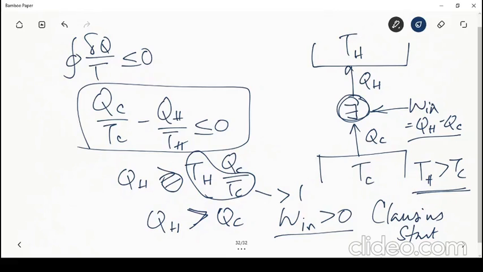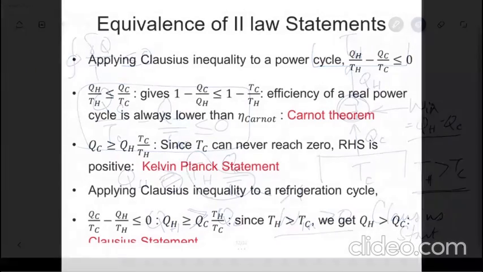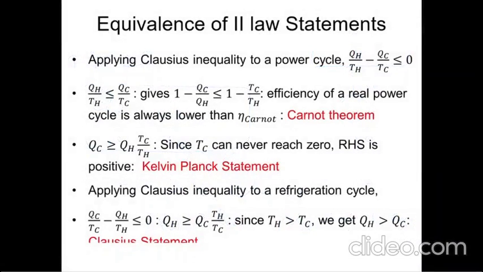So by this we can summarize using the PowerPoint slide that I will just show you, that the Clausius inequality applied to a power cycle gives you this expression, from which we can say 1 minus QC by QH is less than or equal to 1 minus TC by TH, which is the Carnot theorem.